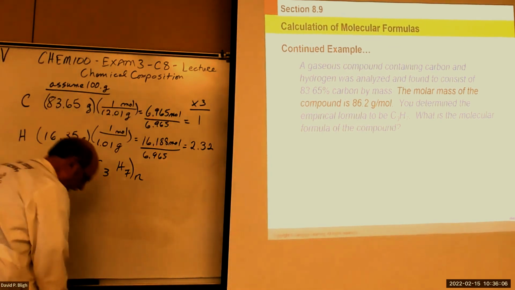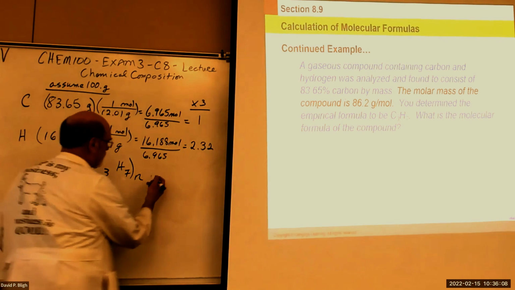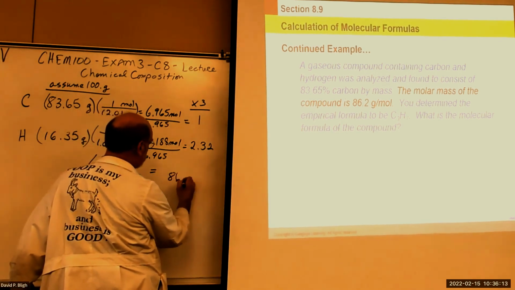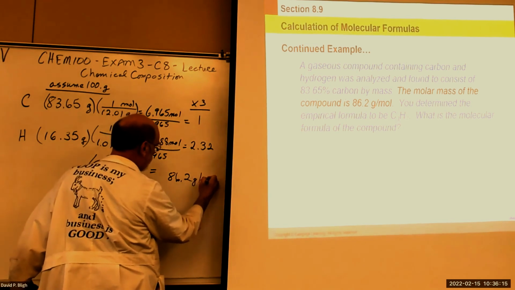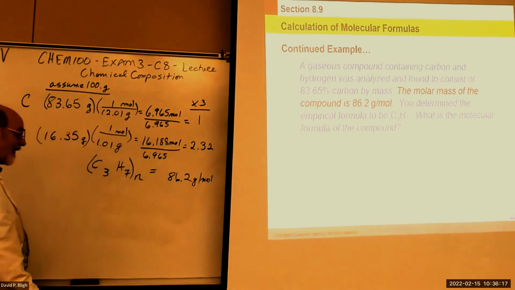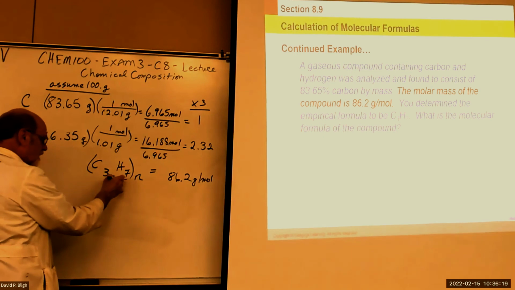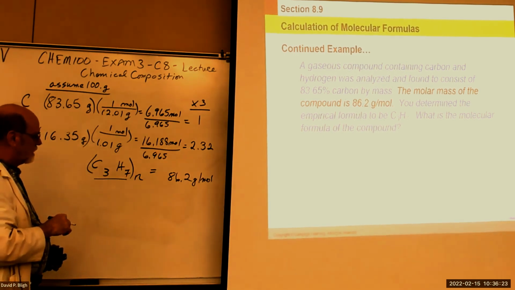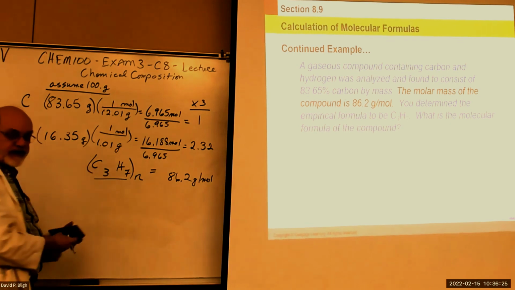So, whatever n is, the molar mass would be 86.2 grams per mole. Okay? Well, what is the molar mass of that formula right there? The molar mass of that formula would be 3 times carbon.